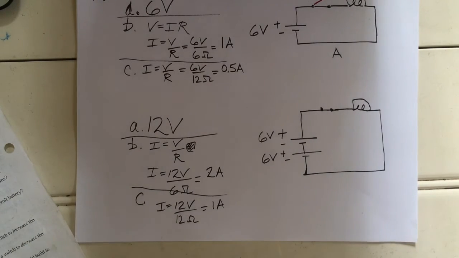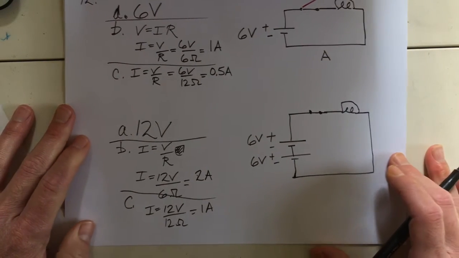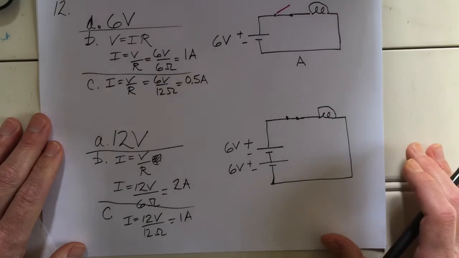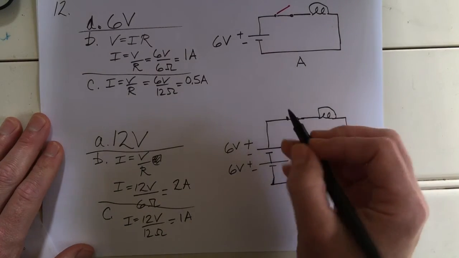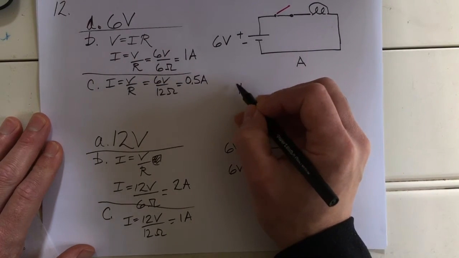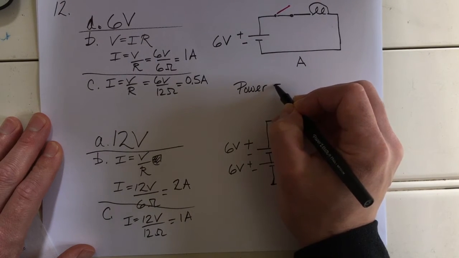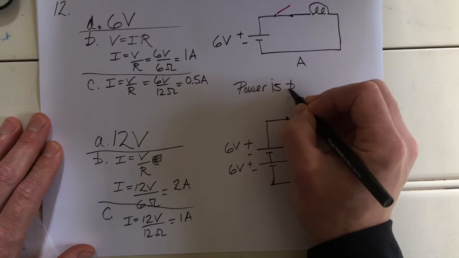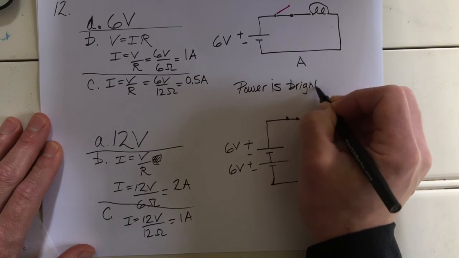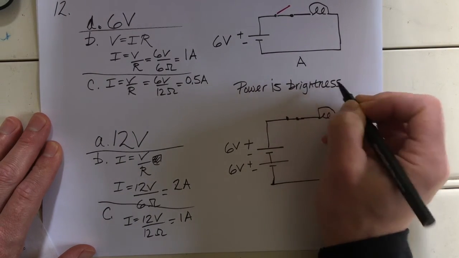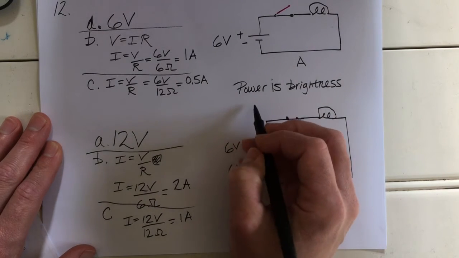Okay, part D. Is the bulb brighter in circuit A or B, and why? So we haven't talked about brightness. Brightness is power, so let me write that down. What's power?